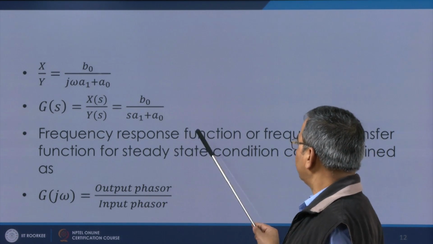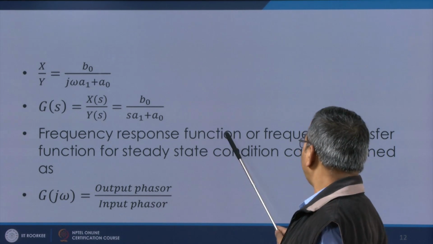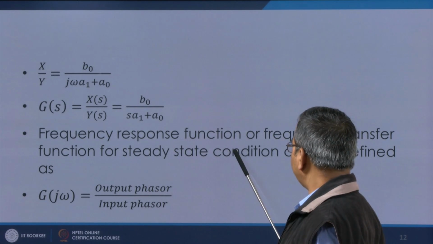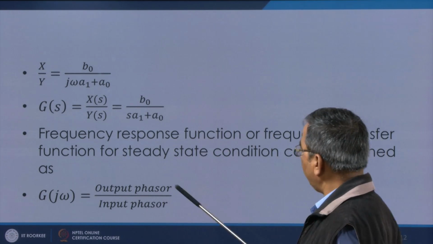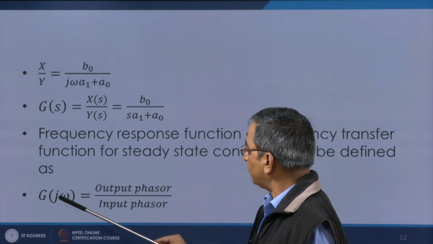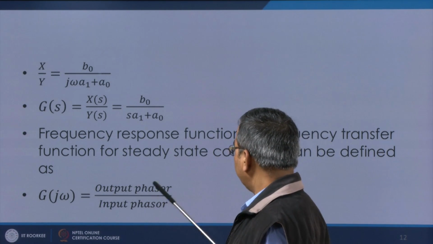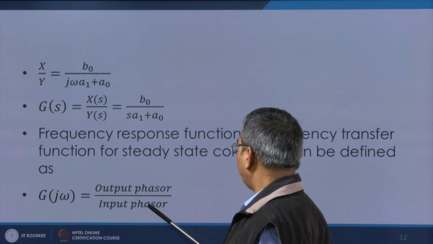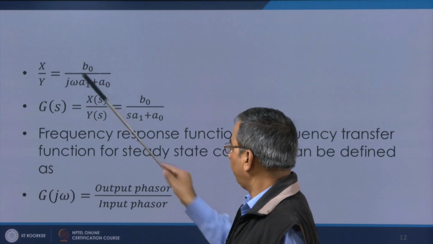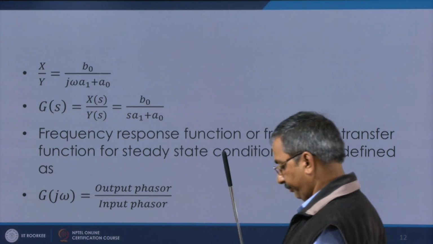The frequency response function, or frequency transfer function, for steady state condition can be defined as G of j omega. We are replacing this s by j omega, and this is the output phasor divided by the input phasor.